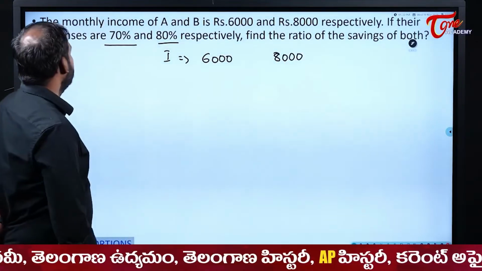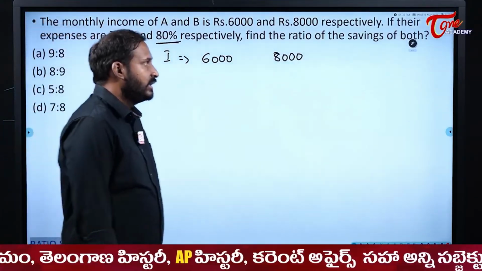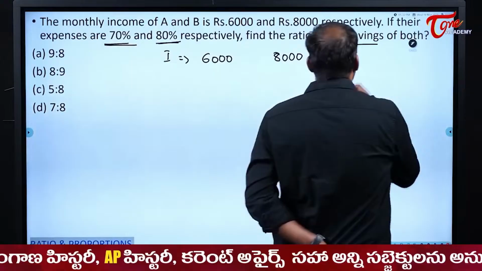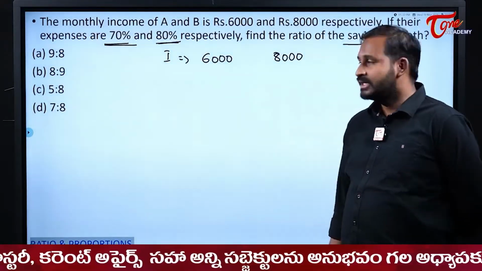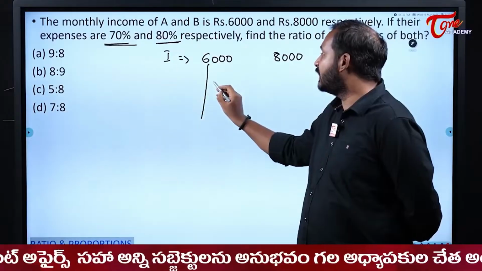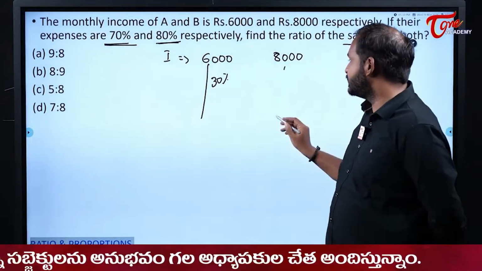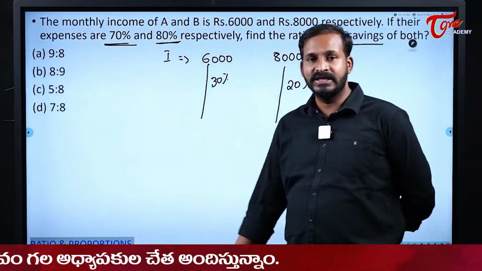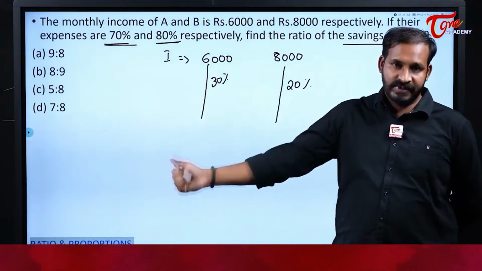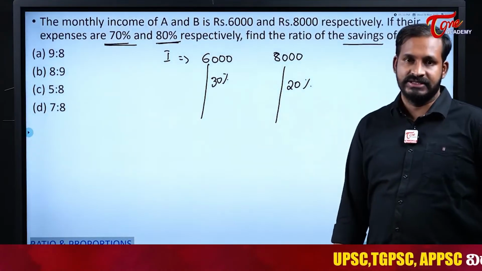If their expenses are 70% and 80%, but they are asking us the savings. If 70% is expenses, what about his savings? His savings will be 30% of this one, right? And similarly, if 80% is his expenses, what will be his savings? 20% of this one. Please be careful. Here they have given us the expenses ratio and they are asking us to find the relation between the savings.